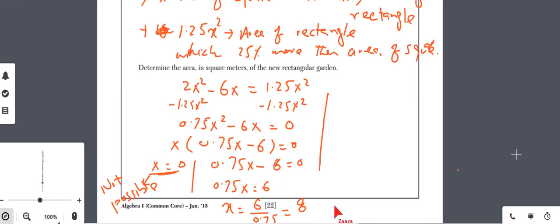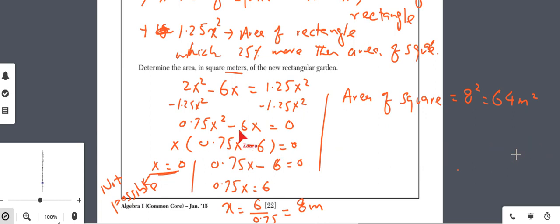So the area of the square will become 8 squared, where 8 is in meters. They use the term square meters, so it is 64 square meters.